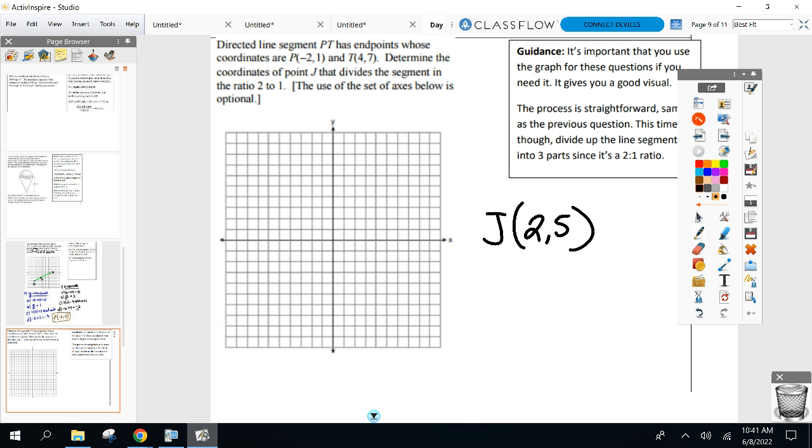Two five looking good? 2-5? And it ended up on your line when you checked.